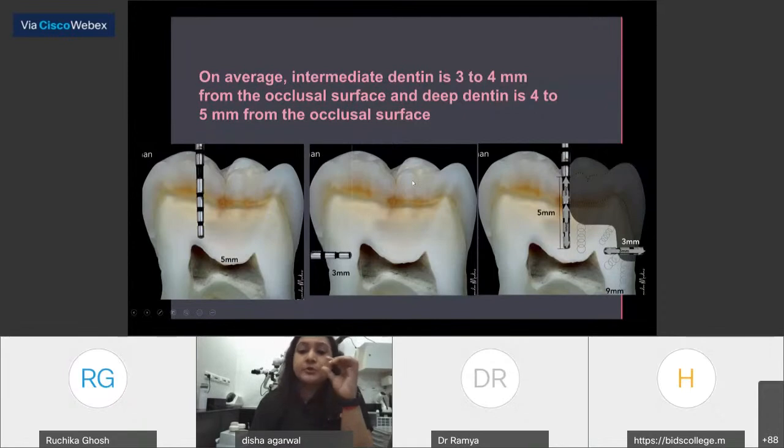If you have patients who have very small clinical crowns, this 5 can also become 4. Patients who've got attrition, this 5 can become even 3. But on an average, if you take a sound tooth structure, 5 mm occlusally and 3 mm proximally is your stop point. Any more you go beyond that, you're going to result in a pulpal exposure.